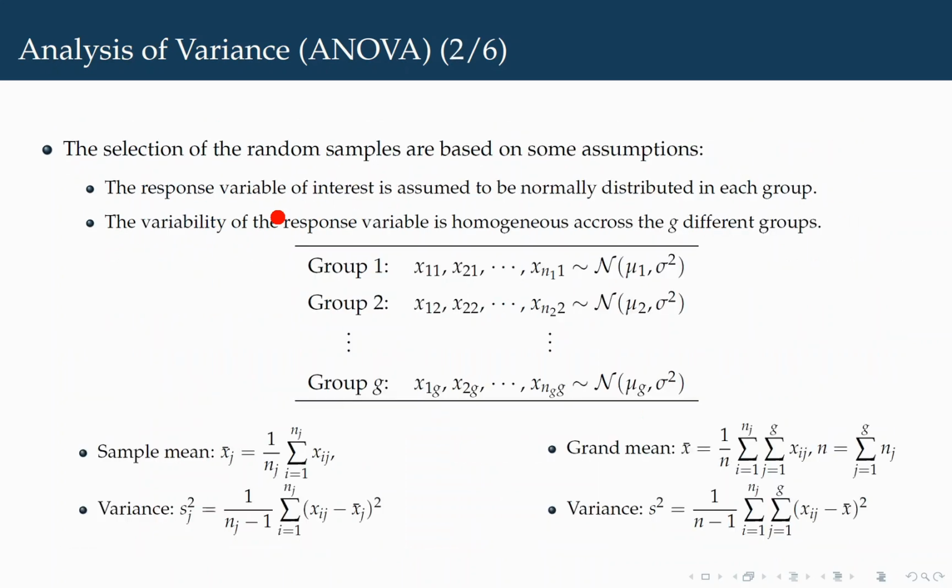So the between variation is nothing but, here x bar j represents the sample mean of the jth group, and the difference of x bar j from the overall mean x bar represents the between variation. X bar j and x bar will not be equal, so there is some sort of difference. That difference is said to be between variation.